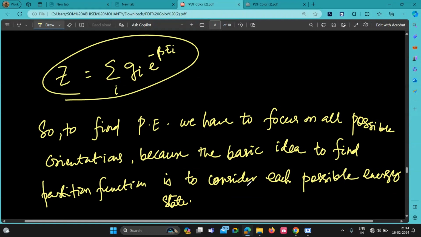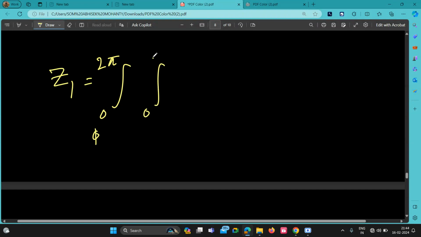Okay, so let's write it down. Z1 is equal to the integration from 0 to 2 pi, this is for phi, and 0 to pi, this is for theta. Just for your understanding, I'm writing like this. Don't write like this. Then e to the power minus beta E sine theta d theta d phi.